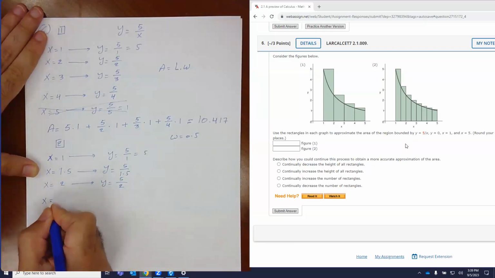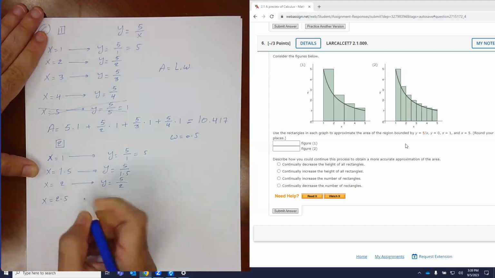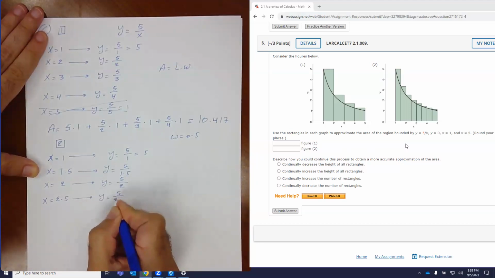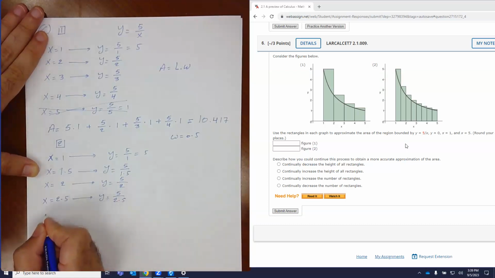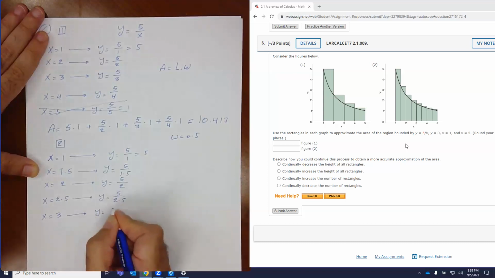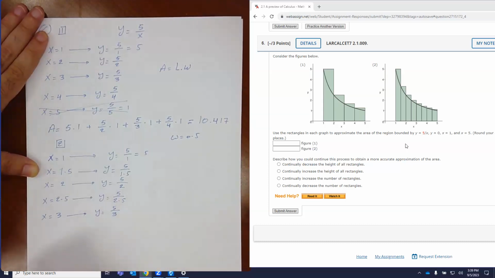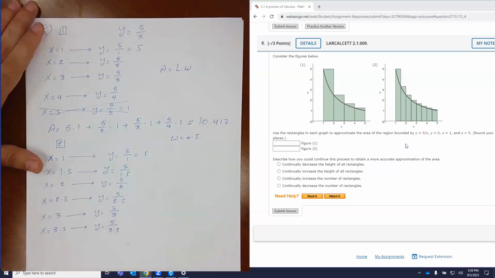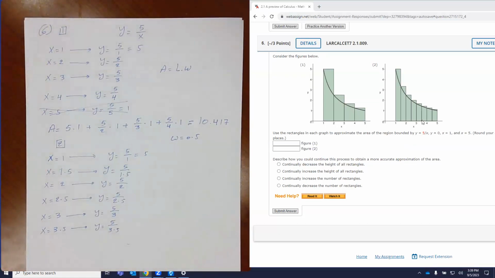The next point, x equals 2.5. So y is going to be 5 divided by 2.5. Next point is going to be x equals 3. That means y is going to be 5 divided by 3. Next point, x equals 3.5. So y is going to be equal to 5 divided by 3.5. So now we are at 3.5 here.